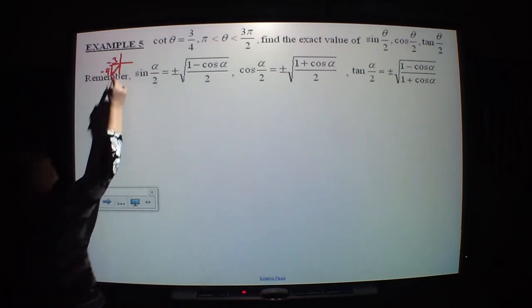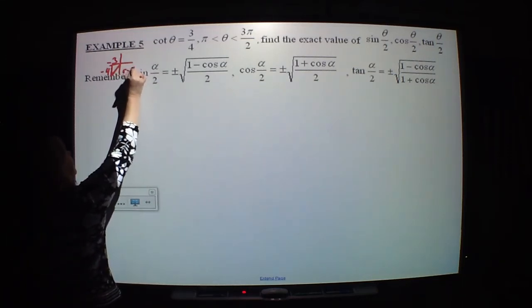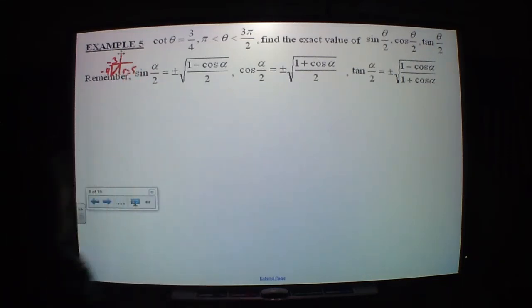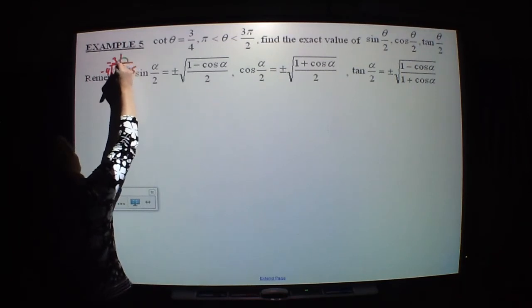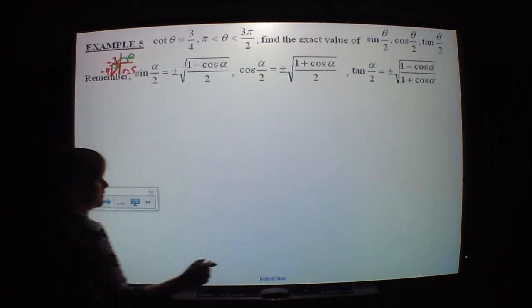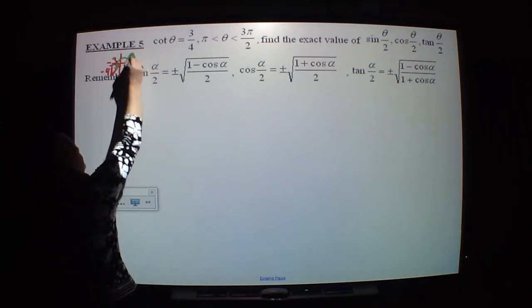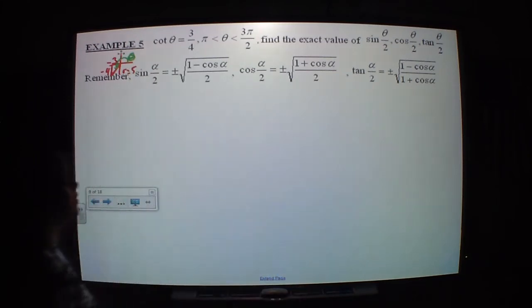So my hypotenuse is 5. Okay? So there's my picture. So that's theta. From here to here is theta. It's the angle theta. So the angle theta over 2 would put me somewhere in the second quadrant.